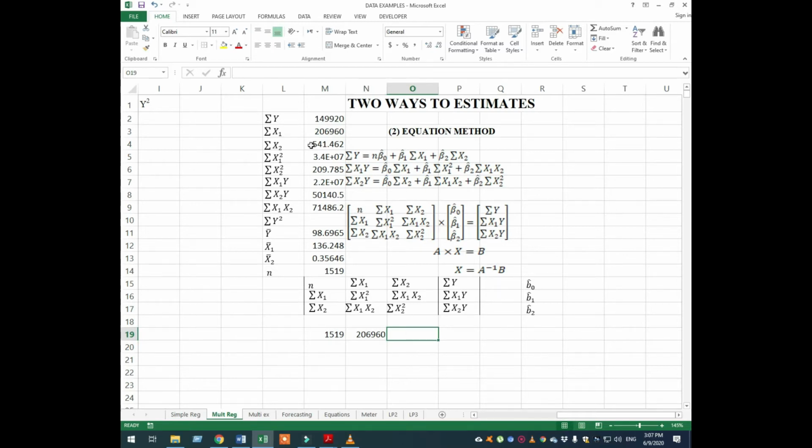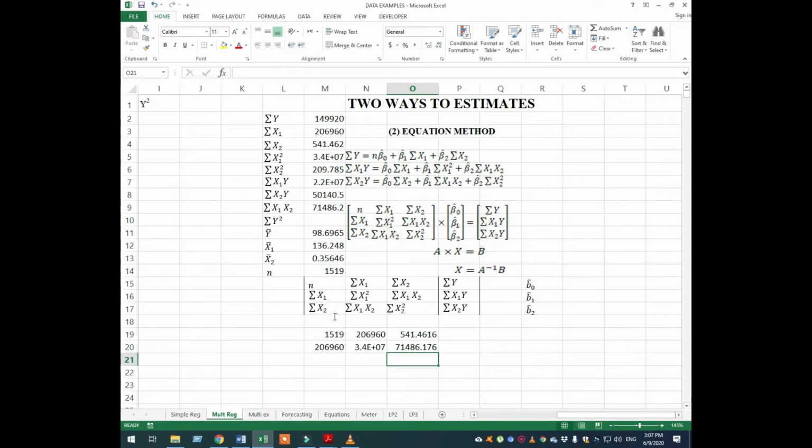Summation of x2 is equal to this one, and again summation of x1. This is summation of x1 square, and this is summation of x1 into x2, that would be summation of x1 and x2 like that.